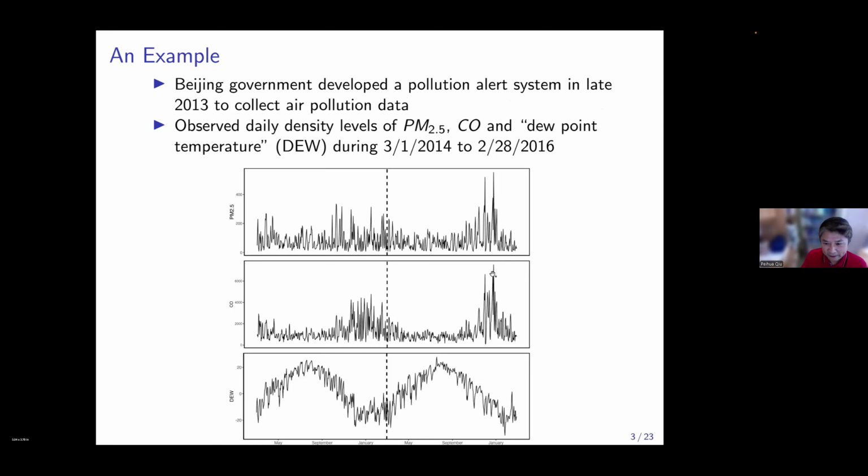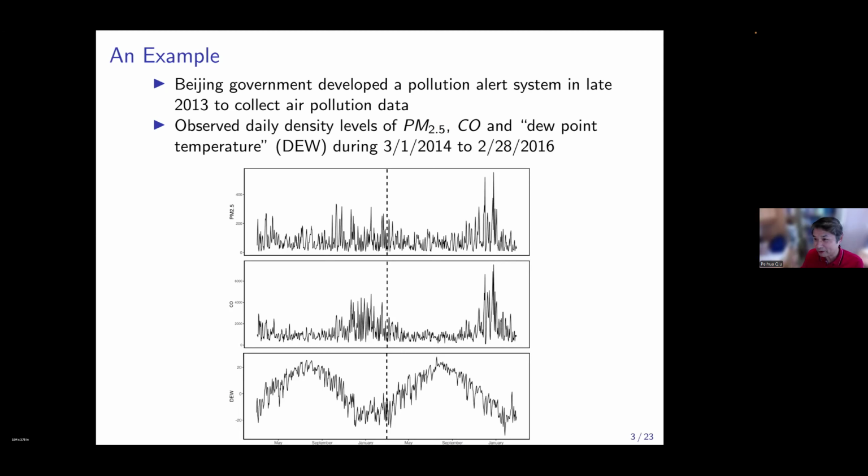This plot displays the observed daily density levels of PM 2.5, that's the first panel, and CO, that's the second panel, and the dew point temperature, that's the third panel. The first two are air pollutants, but the third one is a kind of weather variable.